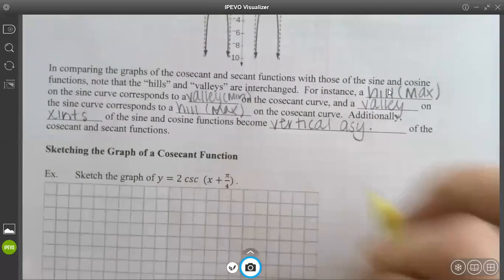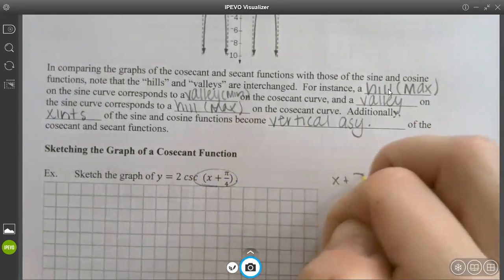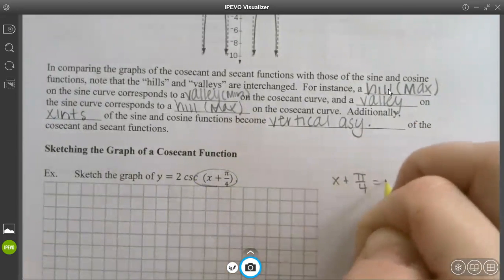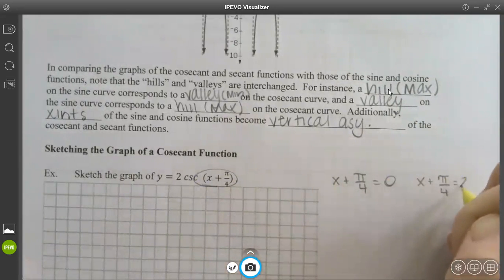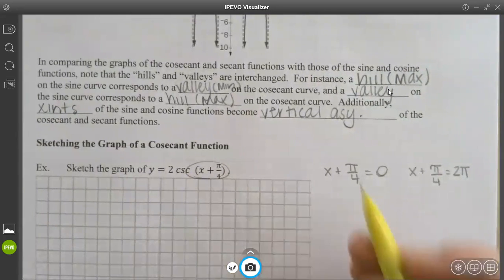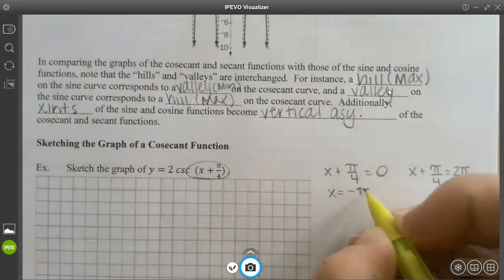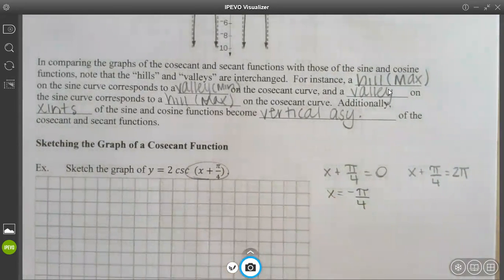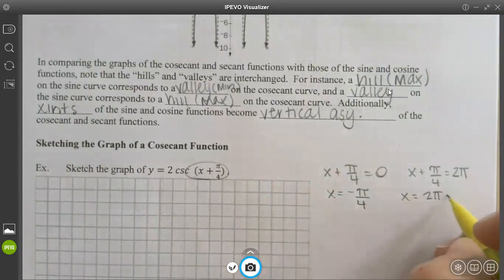Remember that sine and cosine took this number and said it's equal to 0 and 2 pi because the period was 2 pi. How do we solve the first one for x? So minus pi over 4. Same thing on the next one. We're going to do 2 pi. We're going to subtract pi over 4.